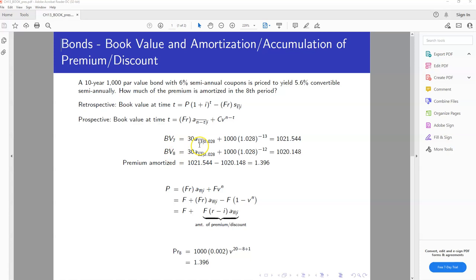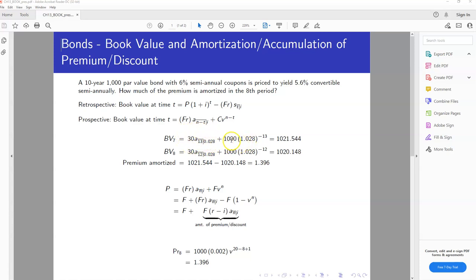Well, at time 7, there are 13 payments remaining. So we look at the value of those 13 payments of 30. Again, it's 30 because we have semi-annual coupons here, so we cut that 6% in half to calculate our coupon value. We have 13 of those remaining, so this will give us the value of the 13 remaining payments at time 7.